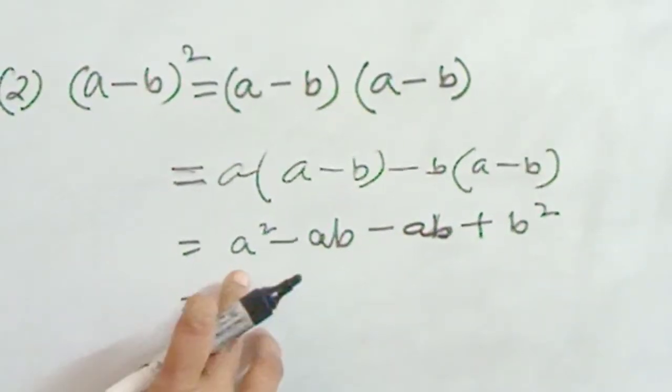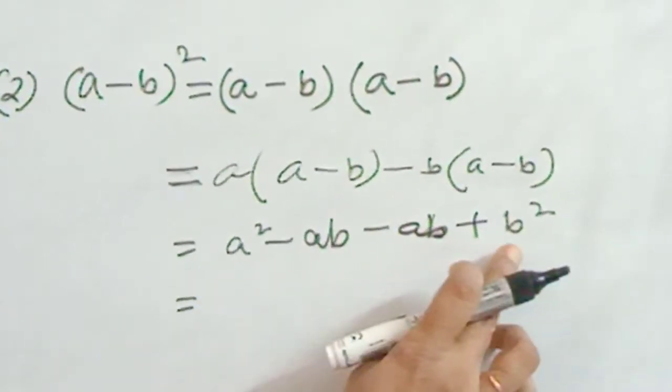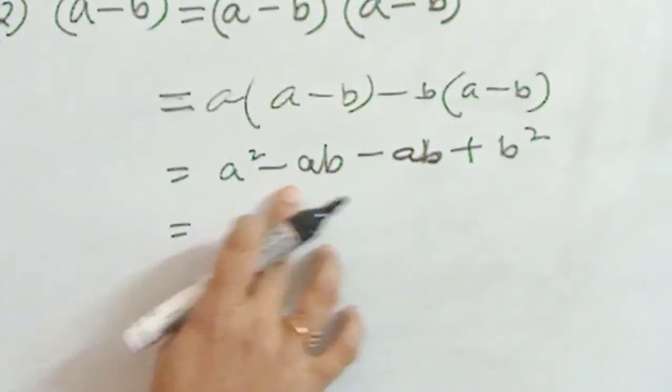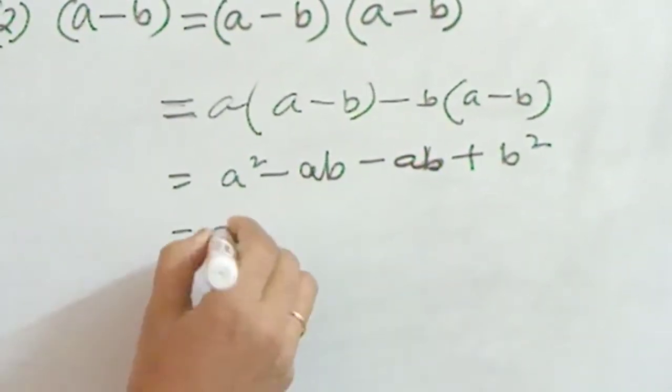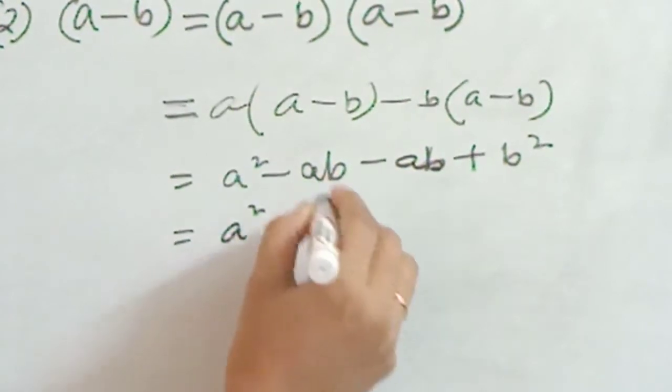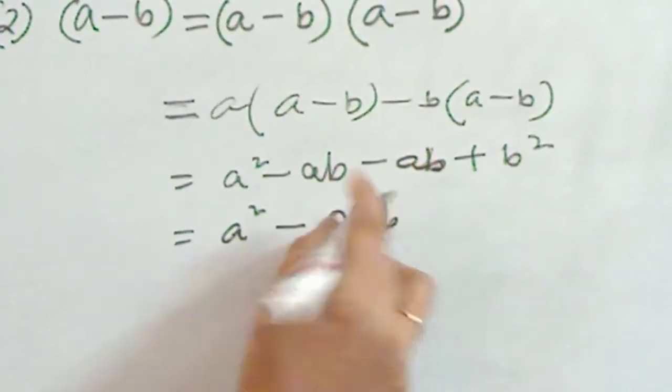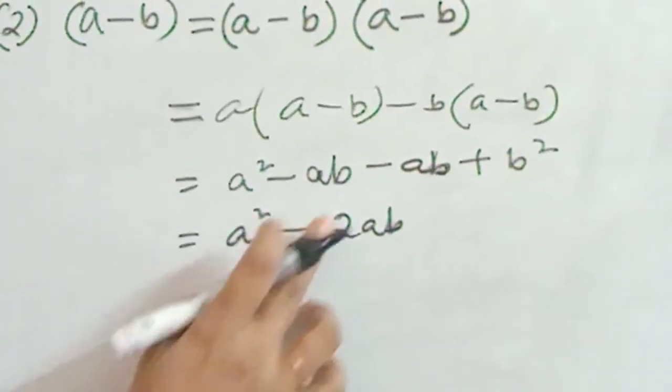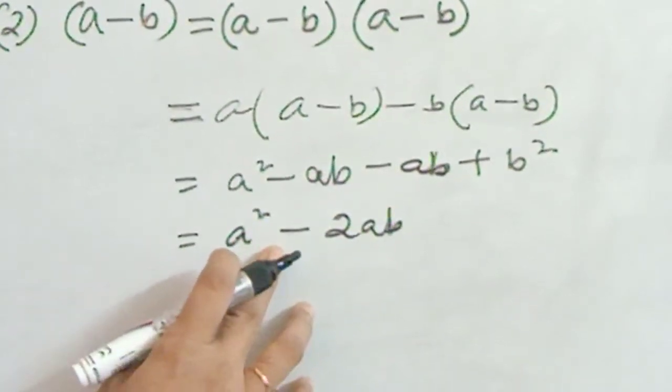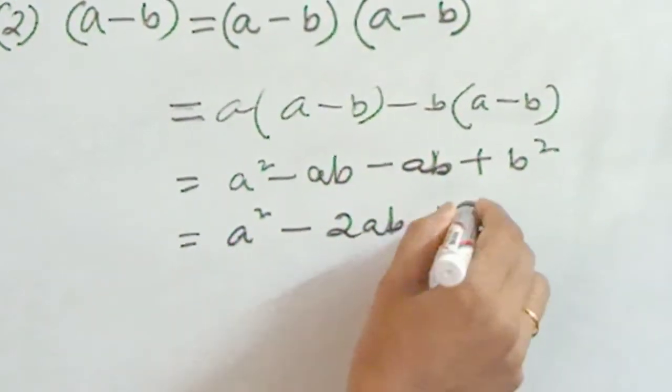Again you can see a square minus ab minus ab plus b square, like terms with the same sign. So you need to add: a square minus 2ab, both are the same sign so you add them, but the available sign you have to write, plus b square.